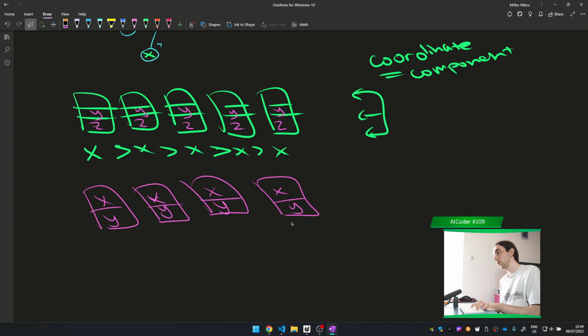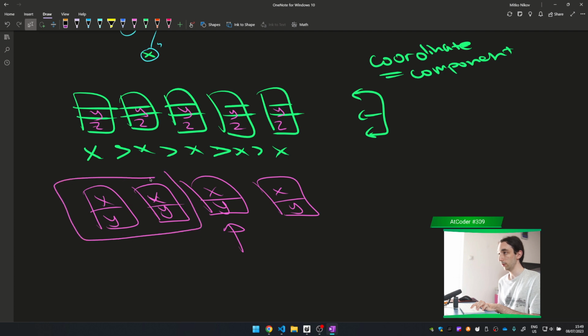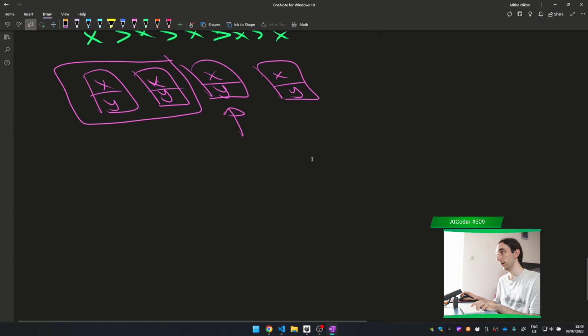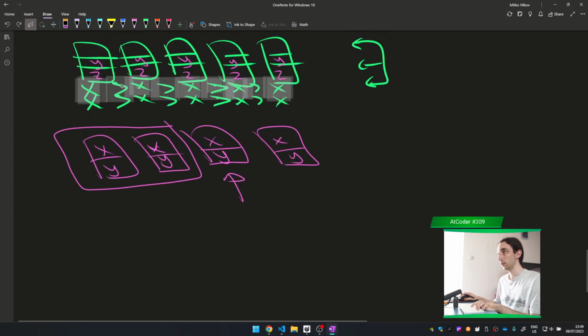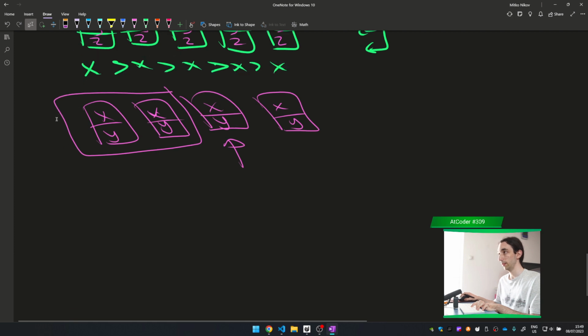So we have to check for the point we are currently on: is there a point in our structure that dominates this point on both x and y? Because it already dominates on the first component, but does it dominate on the other components? This is what we want to check. This first x here, we just remove it. It doesn't matter anymore.